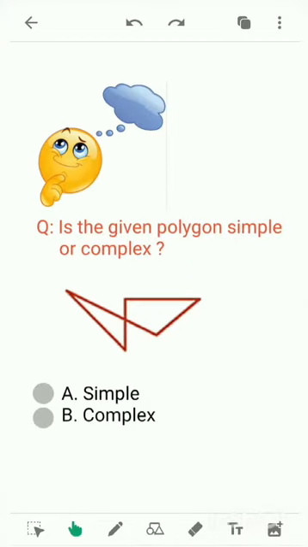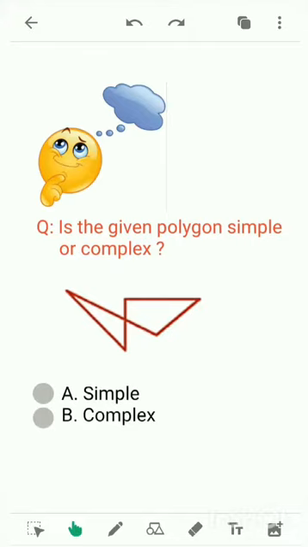This is another activity. Is the given polygon simple or complex? Look at the given figure. This is a closed figure and it is made up of straight lines.